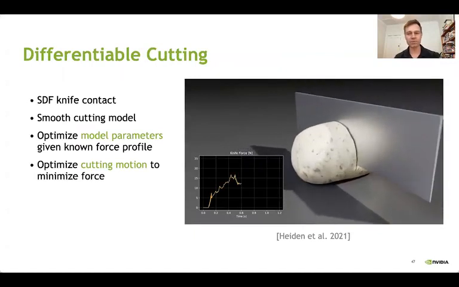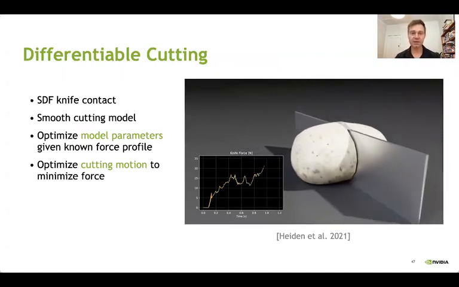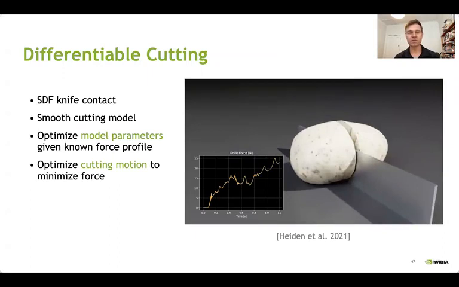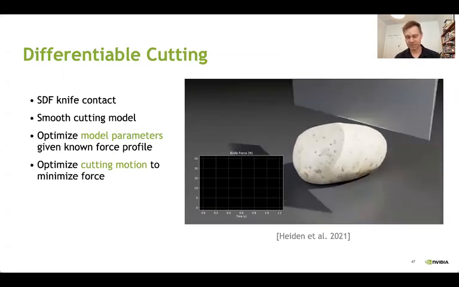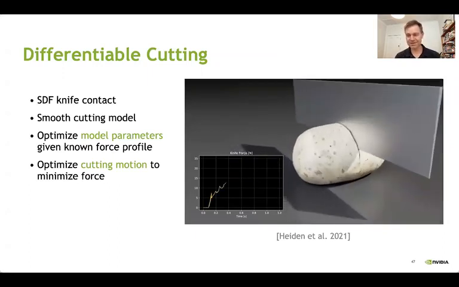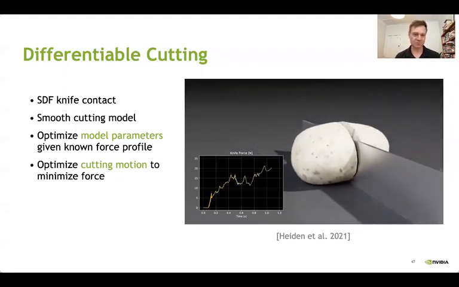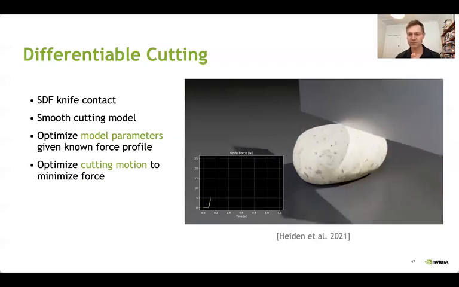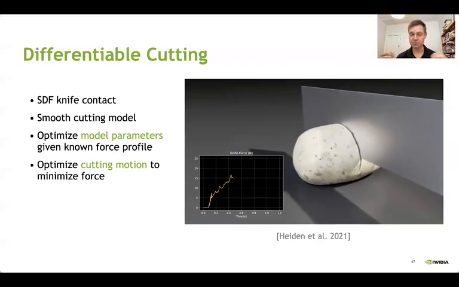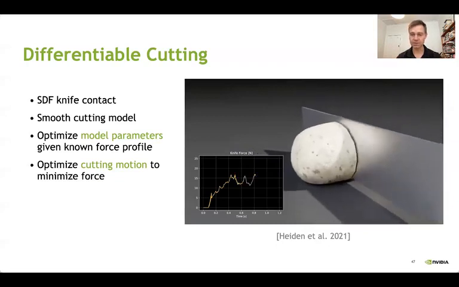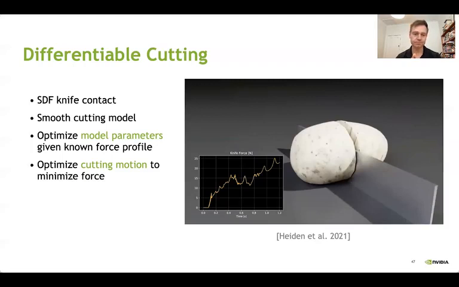We've also been doing some work on differentiable cutting simulation. In this work, the goal was to come up with a smooth cutting model, because cutting is intrinsically non-smooth, right? Topological changes. So we came up with a cutting model where we introduce a smooth damage between FEM pieces using a spring model.